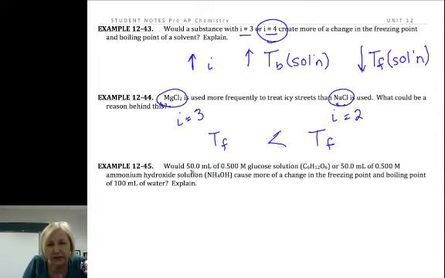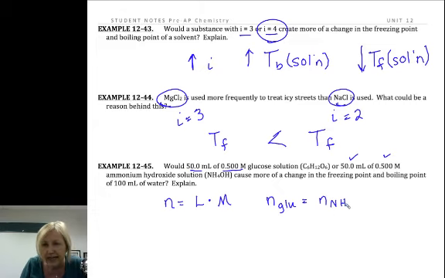Now in this last one, we have 50 milliliters of 0.5. So we have the same number of moles. So moles, if you rearrange molarity, are going to be liters times molarity. They both have the same liters. They both have the same molarity. So our moles for our glucose are equal to our moles for ammonium hydroxide.